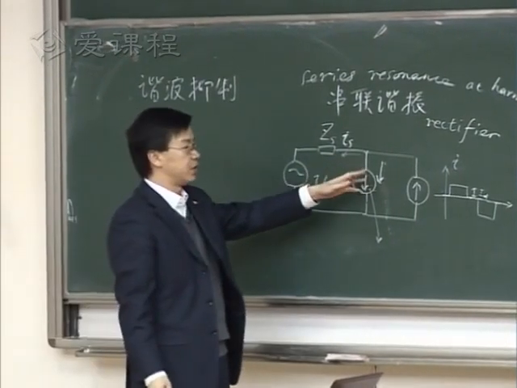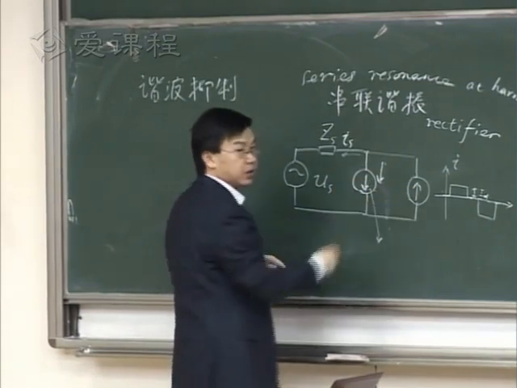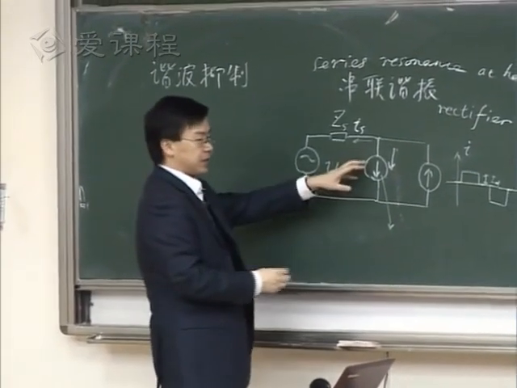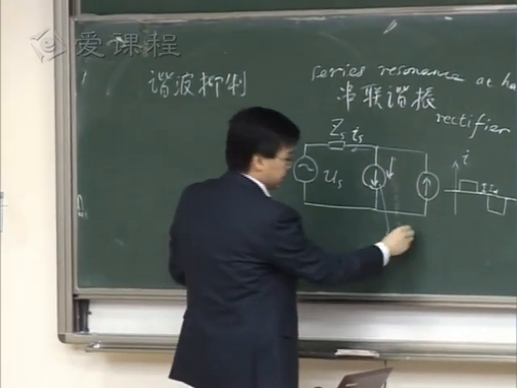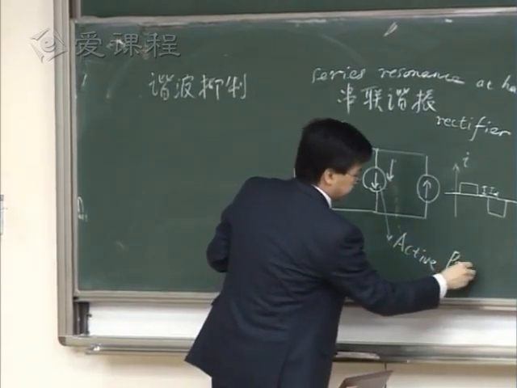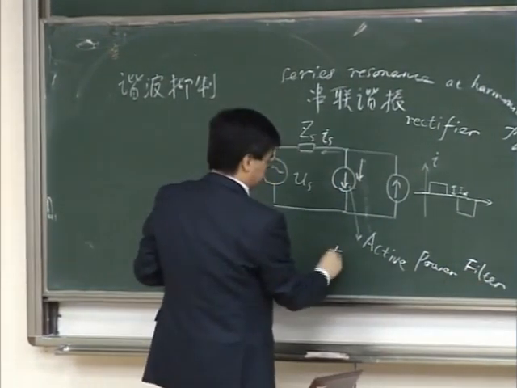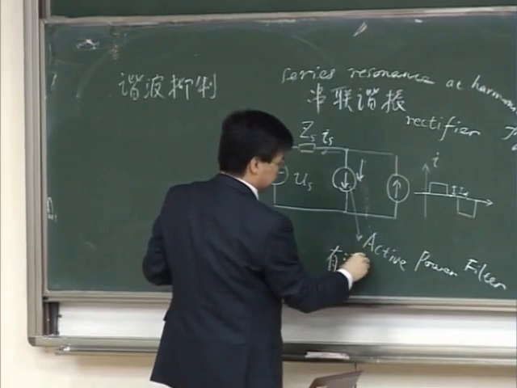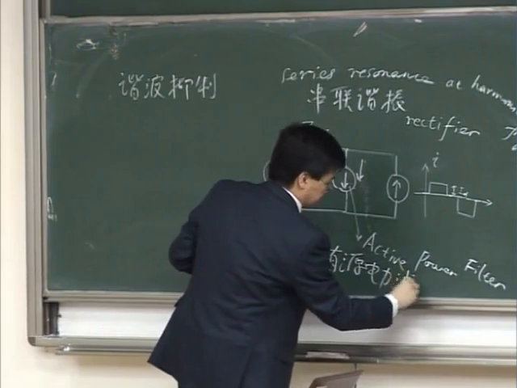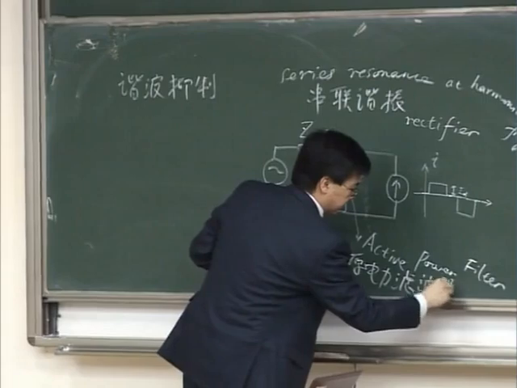The harmonic current will all be canceled out between this filter and the load. So that's the basic idea of this power converter. This power converter is then called active power filter.